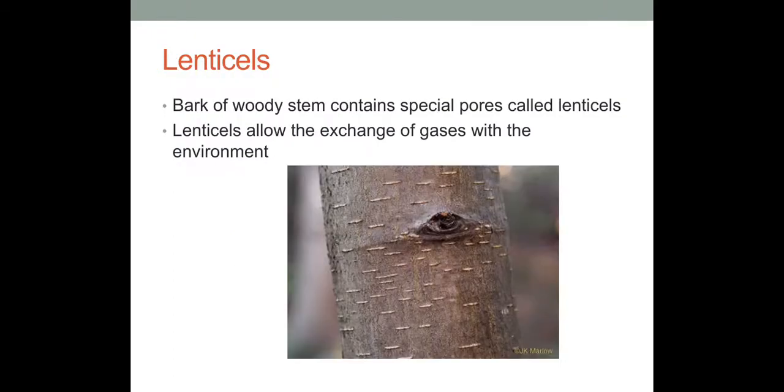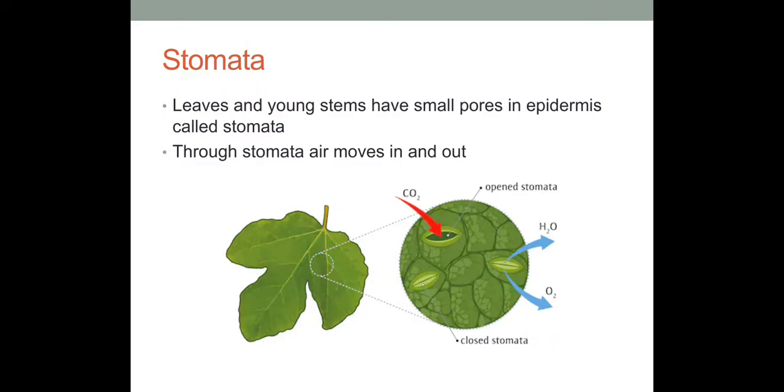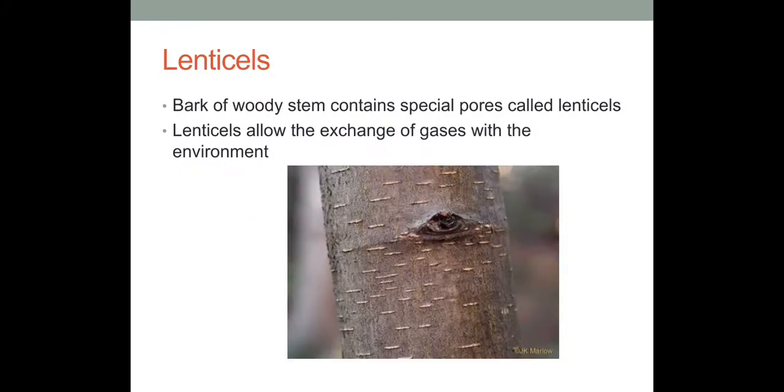Then there is another part. As I have said earlier, stomata are present in leaves and young stems, not on woody stems, right? In the bark of the woody stem, as bark does not allow any exchange of gases, special pores are present which are called lenticels.